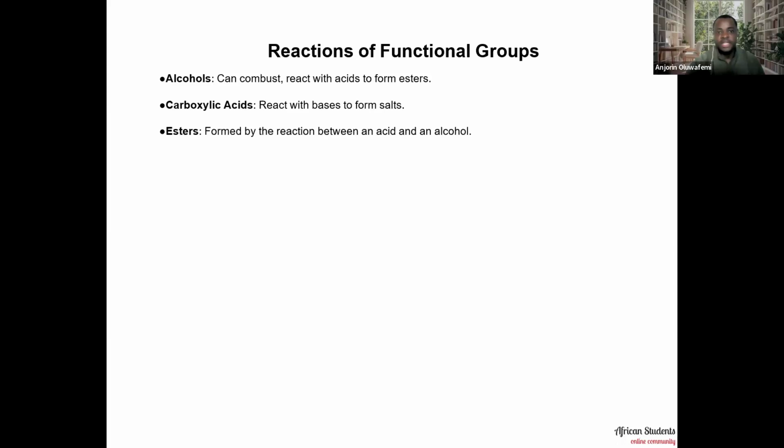Then we have esters that are formed by the reaction between an acid, like a carboxylic acid, and an alcohol. Okay. So in some of these examples, you have a carboxylic acid reacting together with ethanol, or methanol in this case, to form methyl ethanoate, plus water.